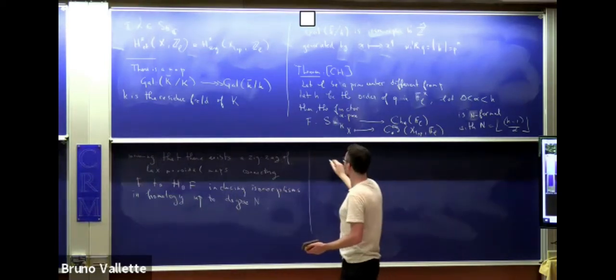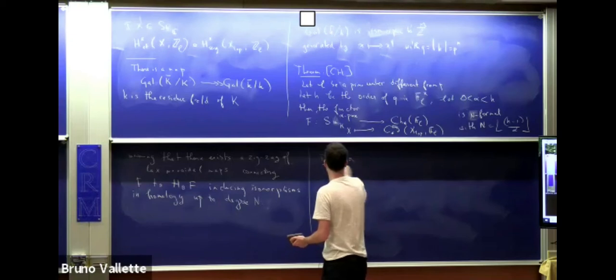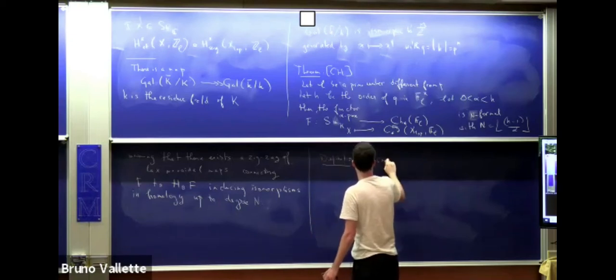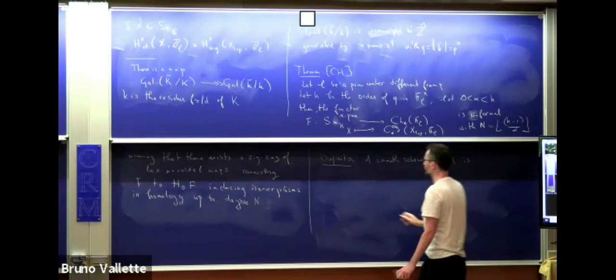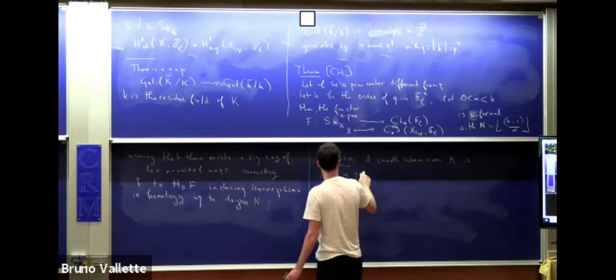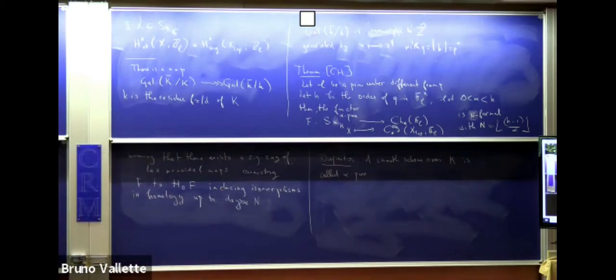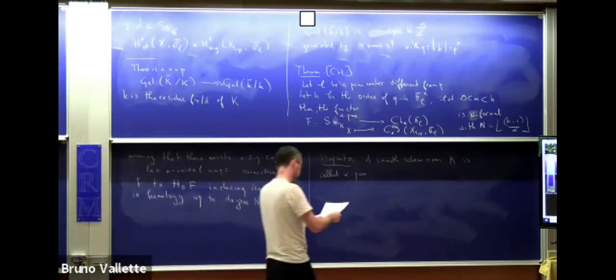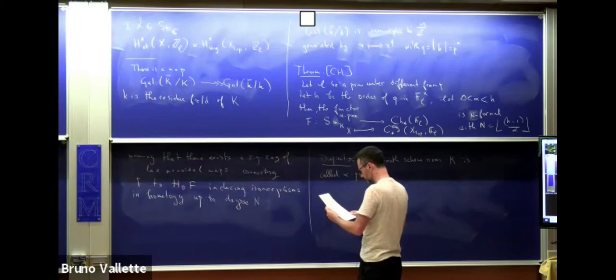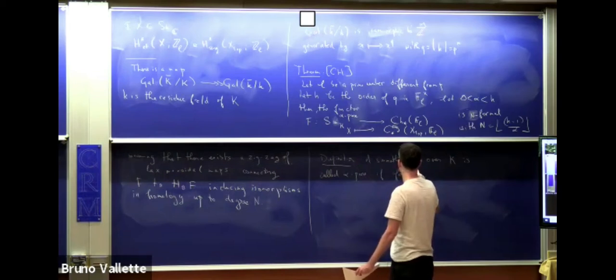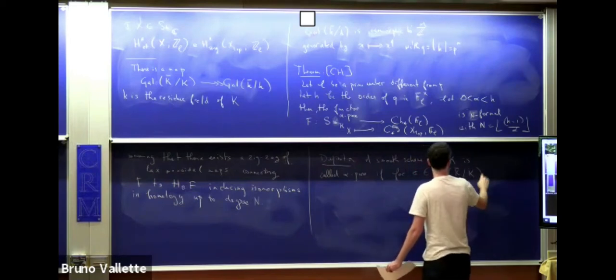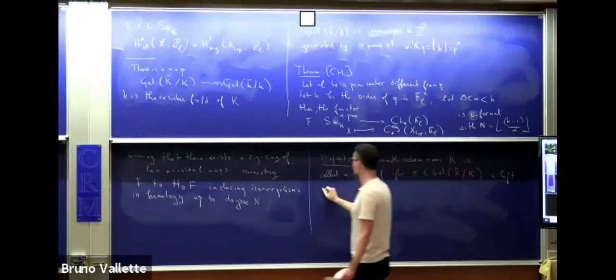So, definition: a smooth scheme over K is called alpha pure, again similar to what we said yesterday, if for sigma a lift of the Frobenius.